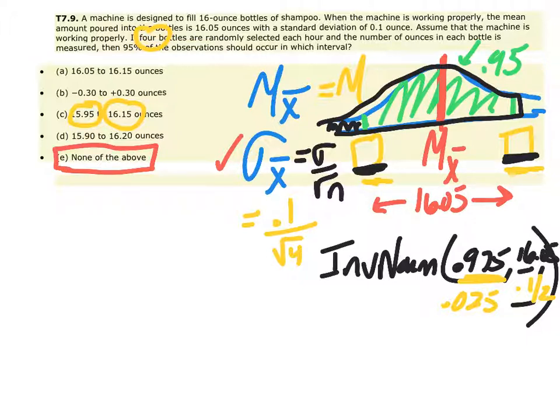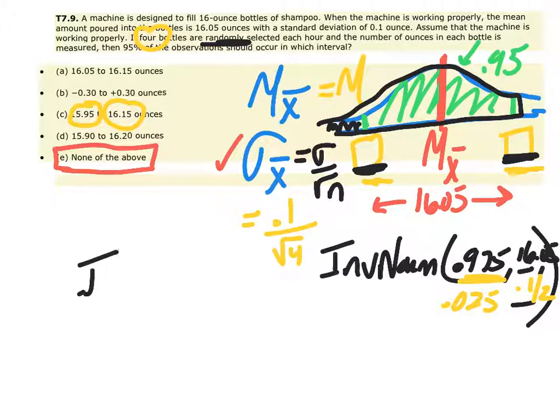conditions met? So to meet the conditions, remember we have to check for randomness, independence, and normalcy. Now, are these randomly selected? Yes, the random condition is met, so that's fine. Has independence been met?